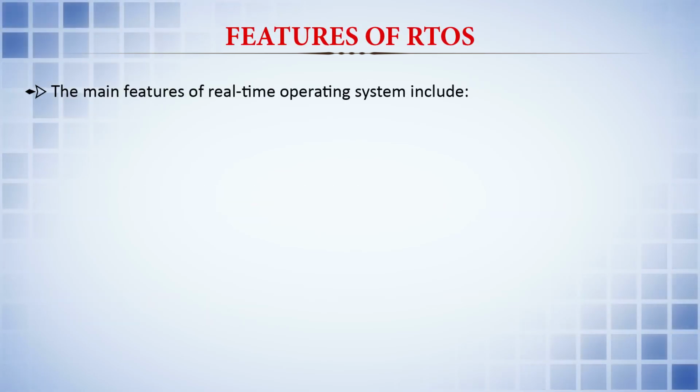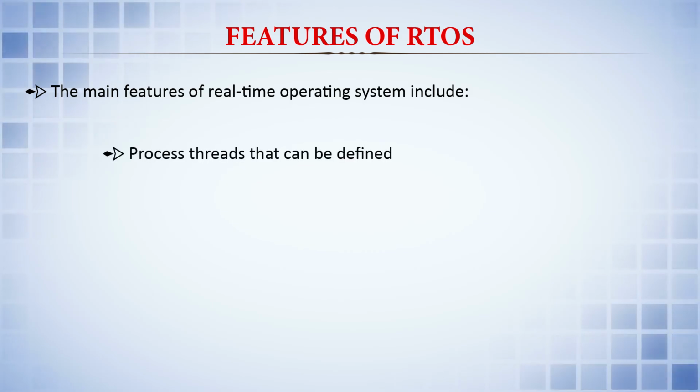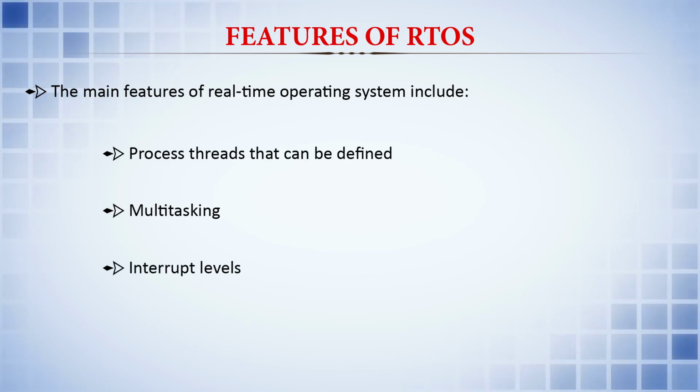The main features of real time operating systems include process threads that can be defined, multitasking, and high level interrupts. Until and unless high level interrupts or immediate attention is focused upon this particular RTOS, we may not call them real time.